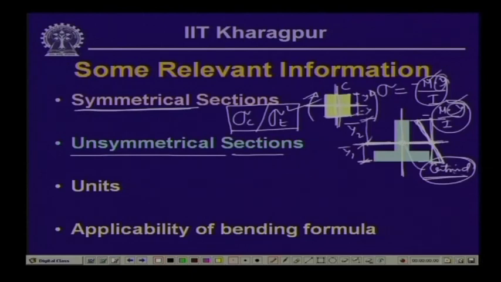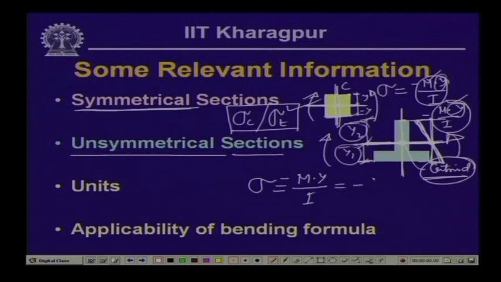Here, since y1 bar and y2 bar, the distances of the extreme fibers from the neutral axis, are different, corresponding to our positive bending moment, the stress sigma will be equal to minus M y by I. Now, for the top fiber, y is equal to y2 bar.